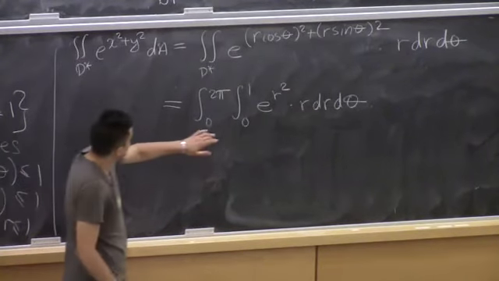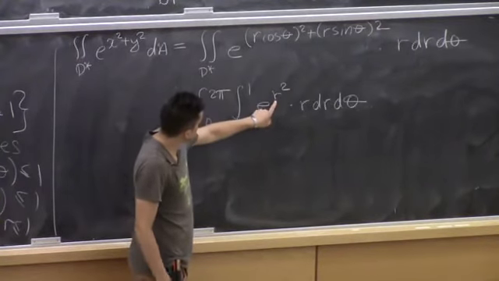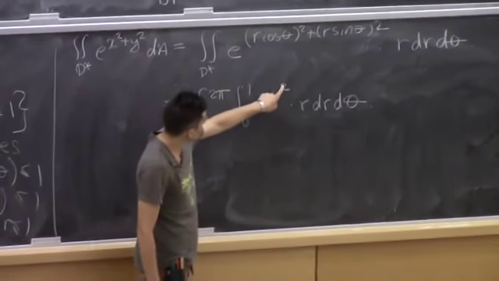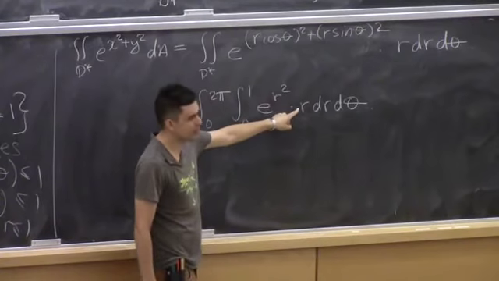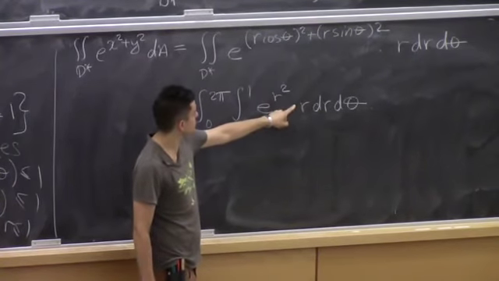Okay, so to compute this thing in r, we note that the derivative of e to the r squared will be e to the r squared times 2r. So we're going to do a little substitution.